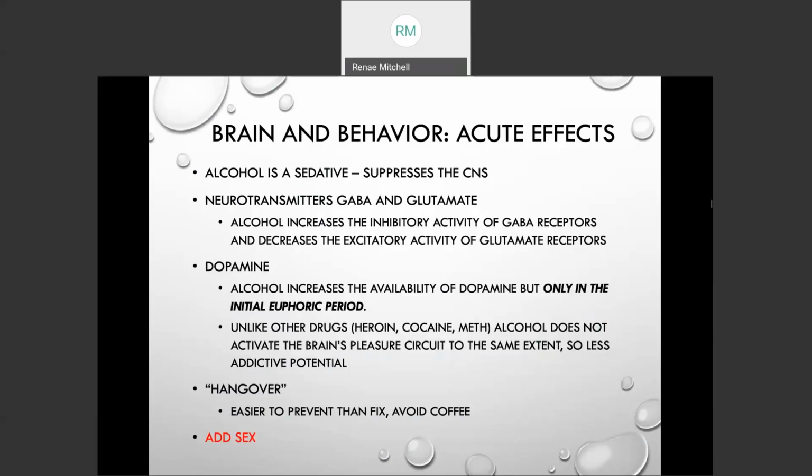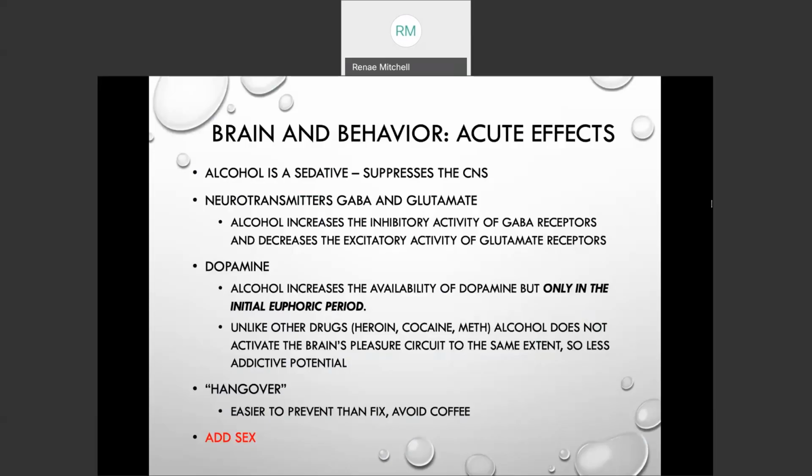So it increases the amount of GABA, no go. It makes more of that. So it's saying don't fire neurons. And it also decreases glutamate, which is the go neurotransmitter. So it says we don't need as much of that. It slows down brain activity.